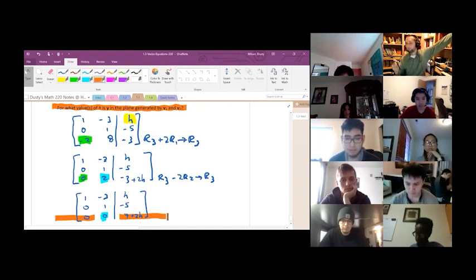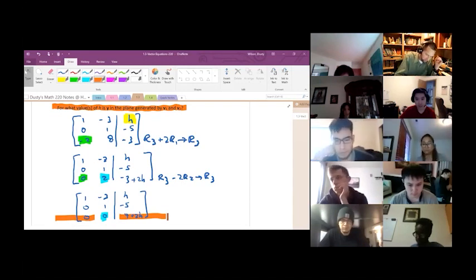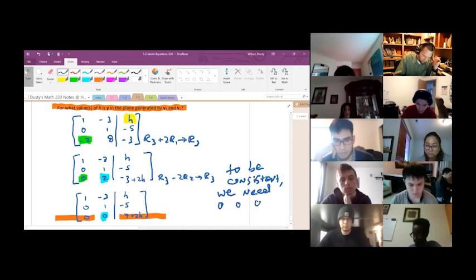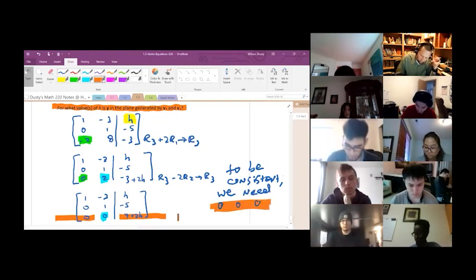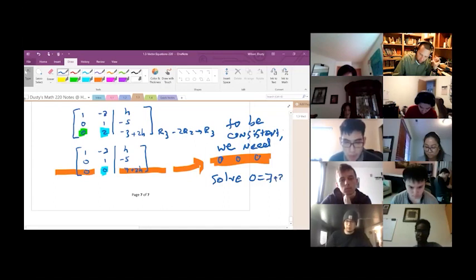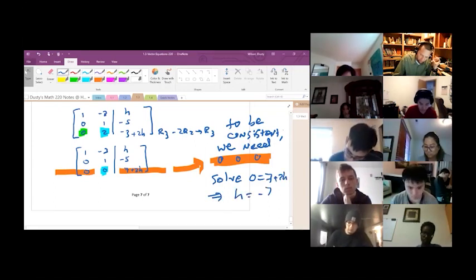It has to be 0, exactly. So we need 0, 0, 0 right here for that orange row. And so we can solve 0 equals 7 plus 2h, and get that h equals -7/2.